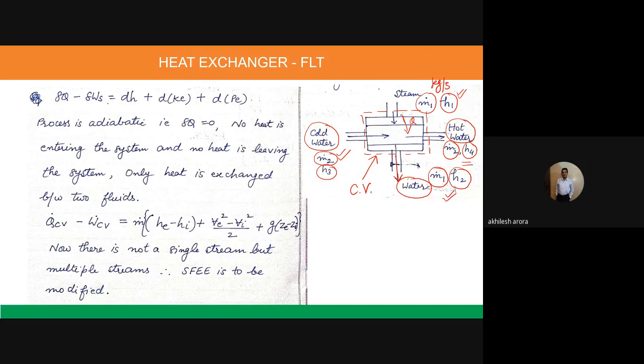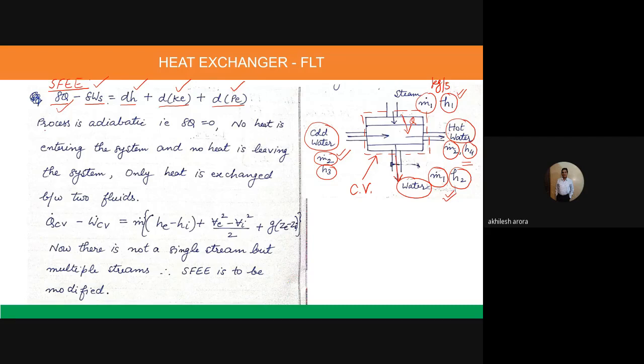So let us look at the steady flow energy equation. This is the steady flow energy equation that we need to apply for this particular case. So delta q minus delta ws is equal to dh plus dke plus dp. So this is change in potential energy, this is change in kinetic energy, this is the dh enthalpy term, this is work transfer, this is heat transfer.